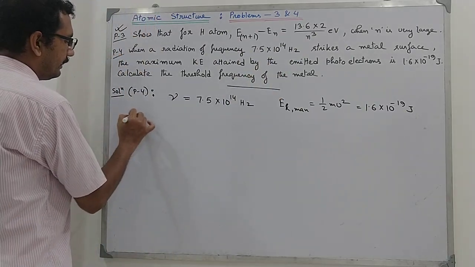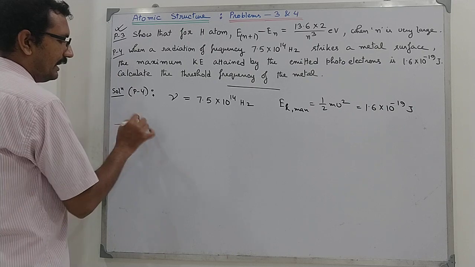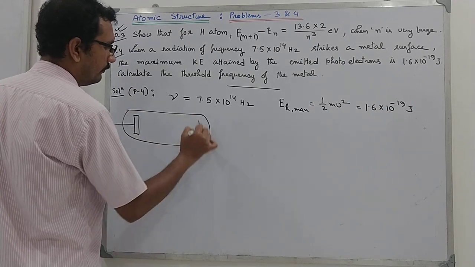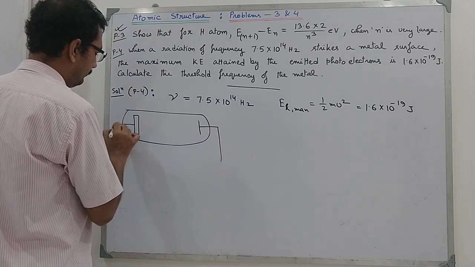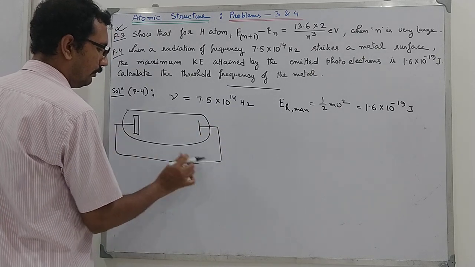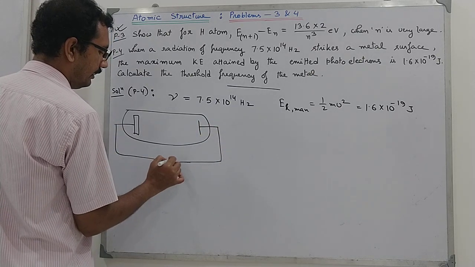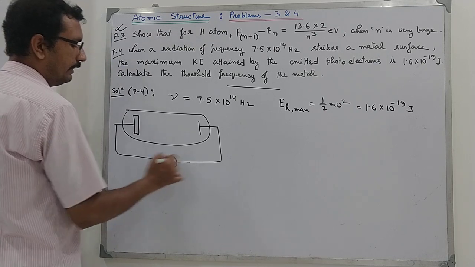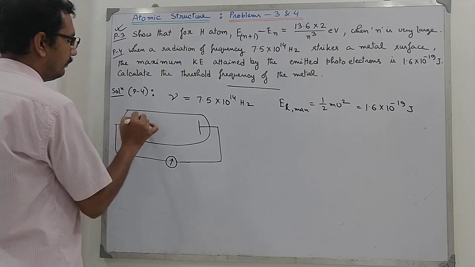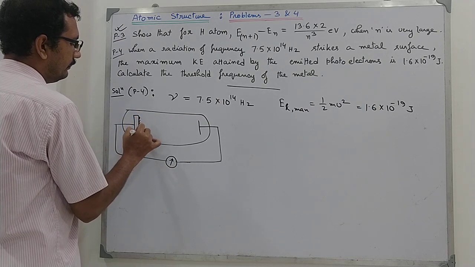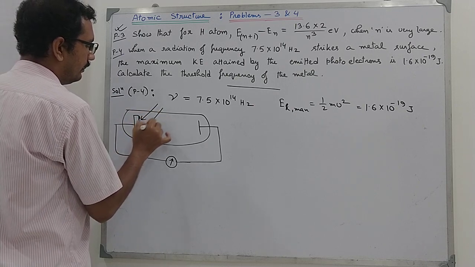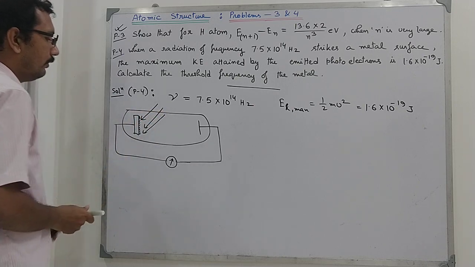Now in the photoelectric effect, we have an electrode here within the discharge tube, another electrode here. No voltage is applied in general condition, only a sensitive ammeter is added to the circuit. Now an alkali metal coating is given on this electrode and light is allowed to fall on this plate.